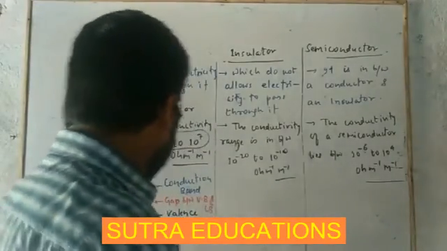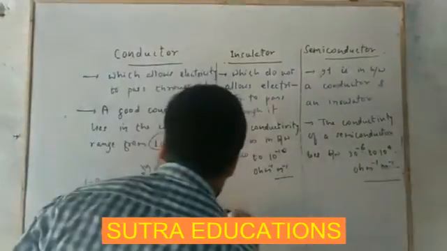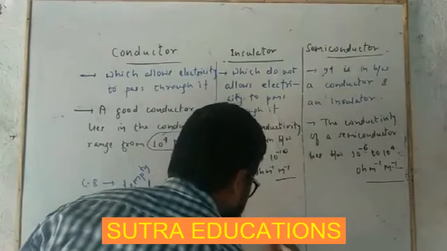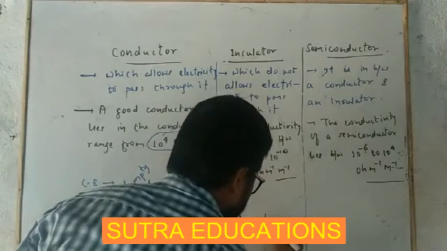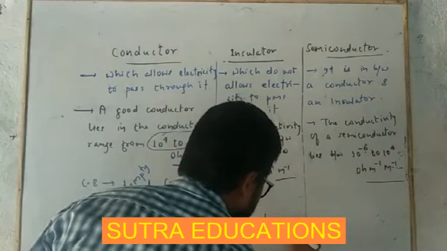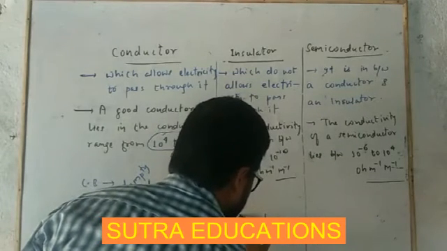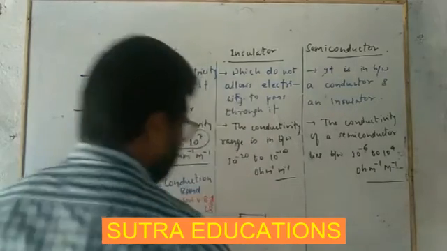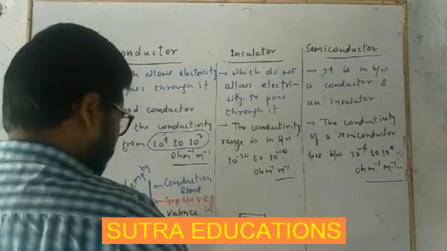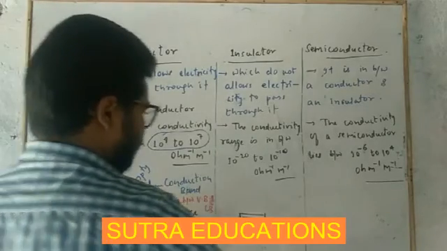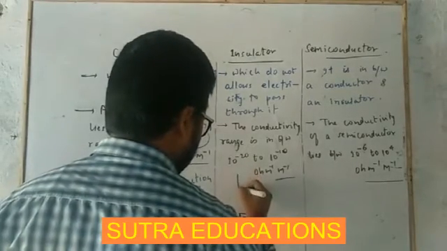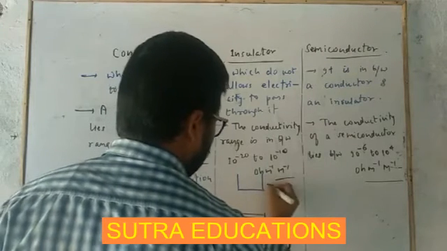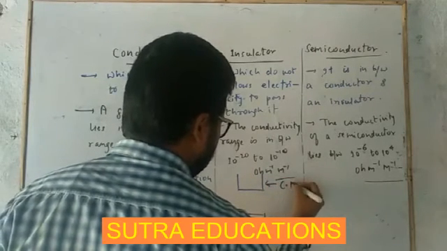So what happens in case of insulators? Again, one is valence band. Say this is VB, valence band, and I told you valence band is occupied. And say this is conduction band, and I told you conduction band is empty.